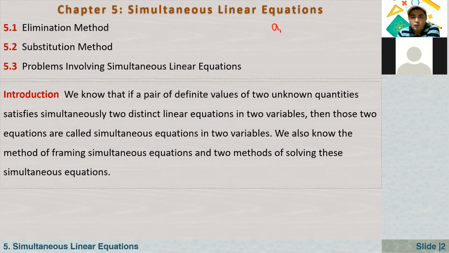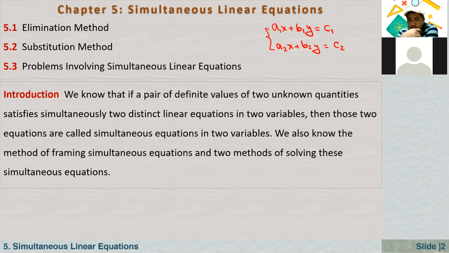Here we have a1x plus b1y is equal to c1, and the second equation is a2x plus b2y is equal to c2. So we have two equations here, right, and two variables. Our variables are x and y. A1, B1, C1, A2, B2, C2 are constants, okay?